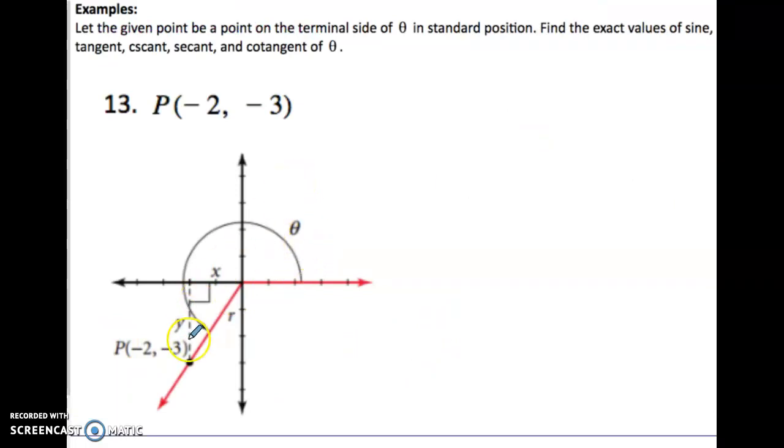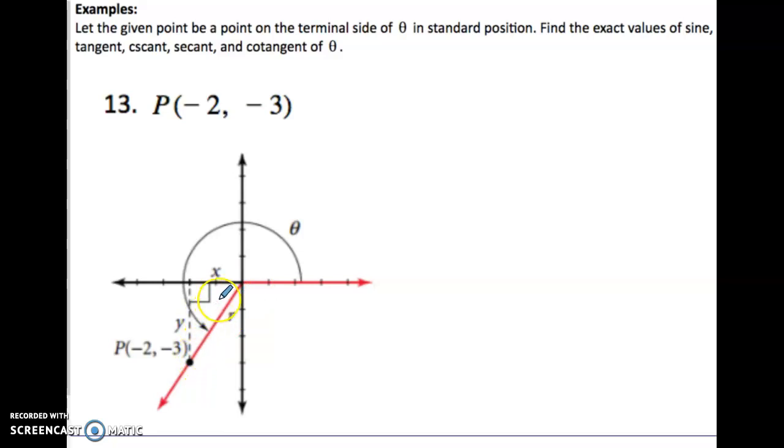Example, let the given point be on the terminal side of theta in standard position. So that just means that (2, -3) is on the terminal side. So here's the initial side. That means the angle goes all the way around to here. Find the exact values of sine, cosine, tangent, secant, cosecant, and cotangent of theta. So we're going to look at this right triangle that is created with that point on the terminal side.